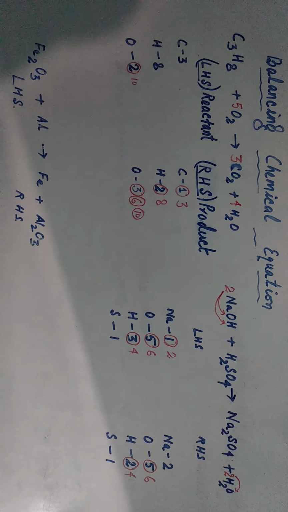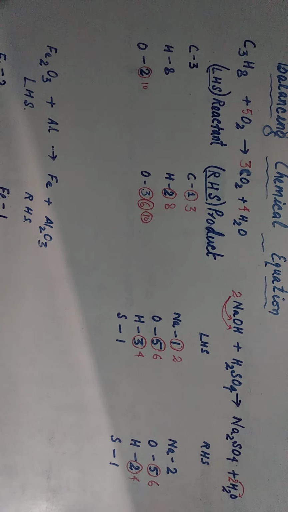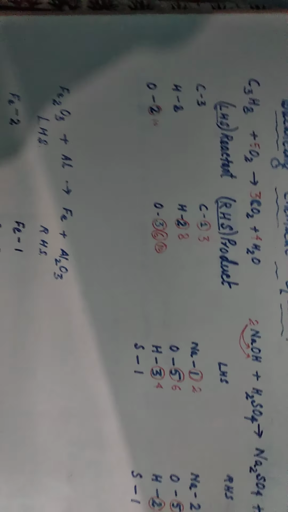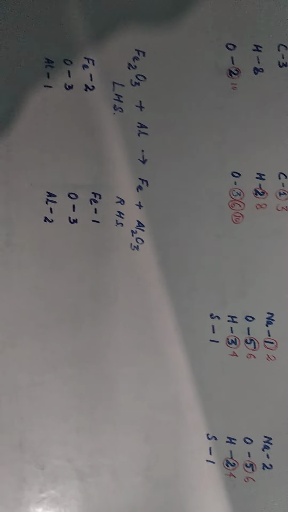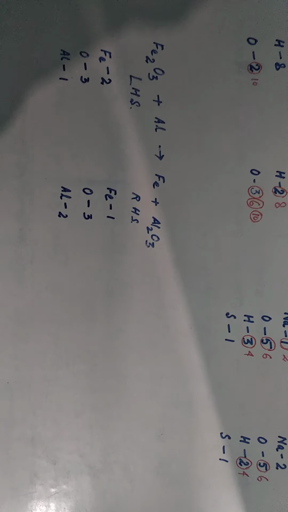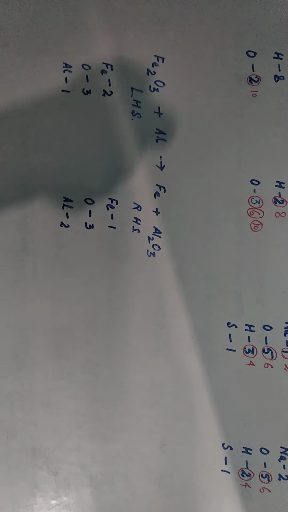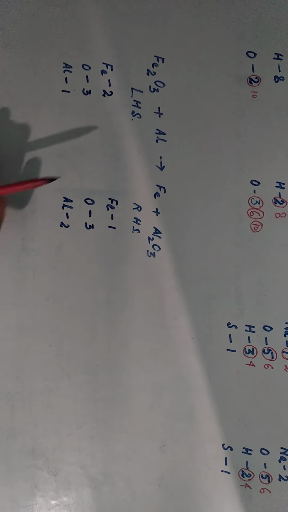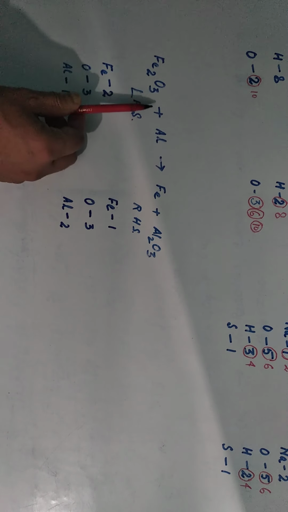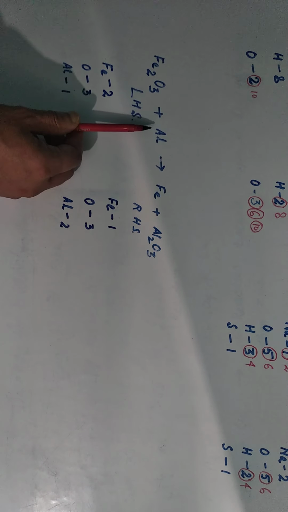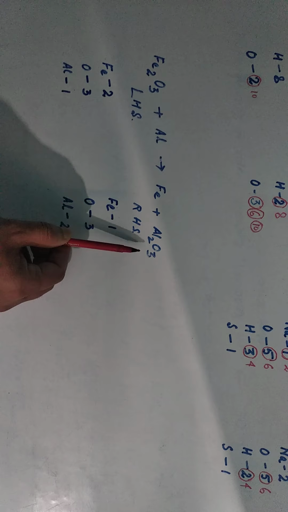Finally, let me take the third one. Friends, for balancing the third equation, I have taken ferric oxide plus aluminium, which results in forming iron and aluminium oxide.